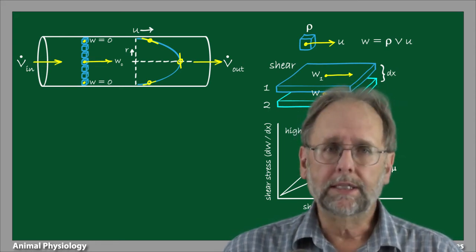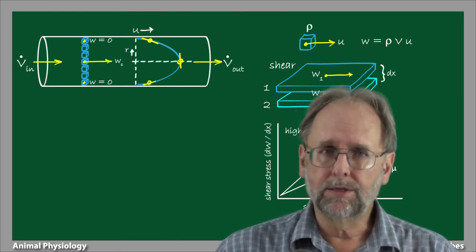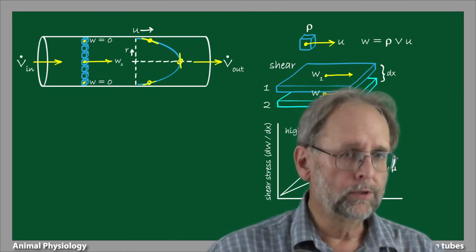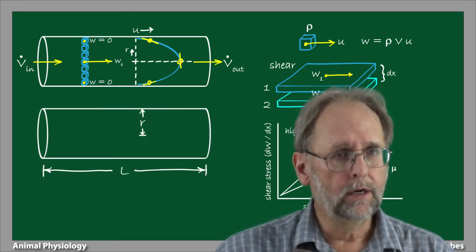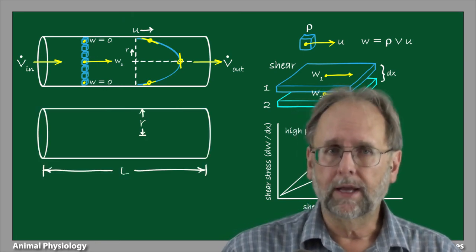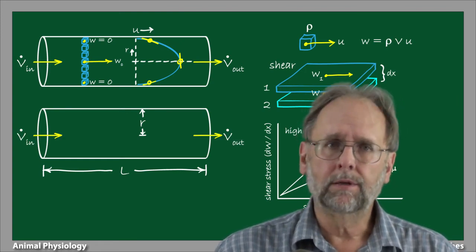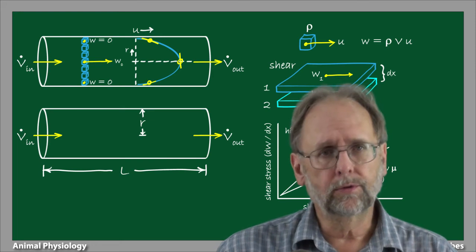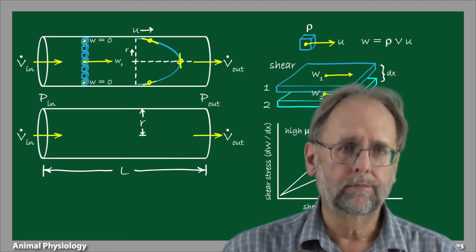This behavior leads us to a fundamental physical equation that describes the energetics of fluid flow through tubes. Imagine a tube of length L and radius r, with the fluid flowing through it at a volume flow rate V dot. Imagine also that the fluid is forced through the pipe by a so-called head pressure, P sub in.